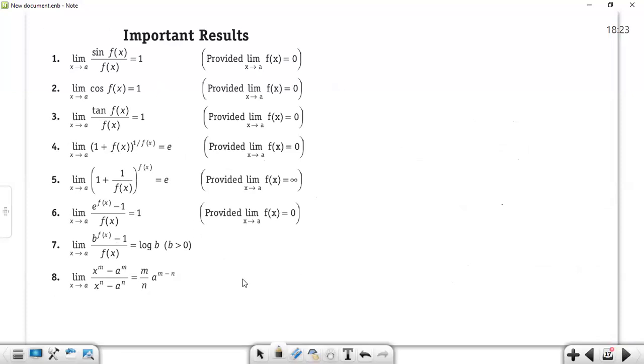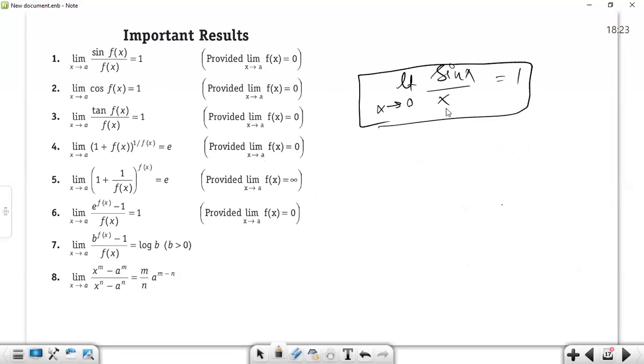So there are some important results. We used to remember these formulas in this form, but here in the place of x there is a function written. So this is the same thing. You can remember this formula.